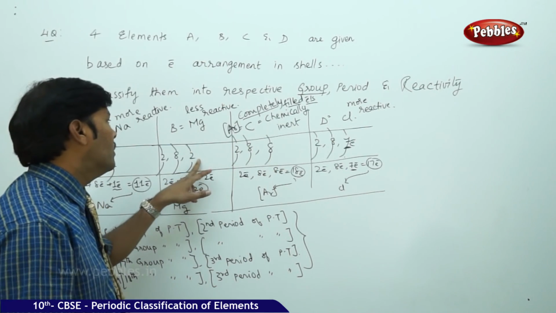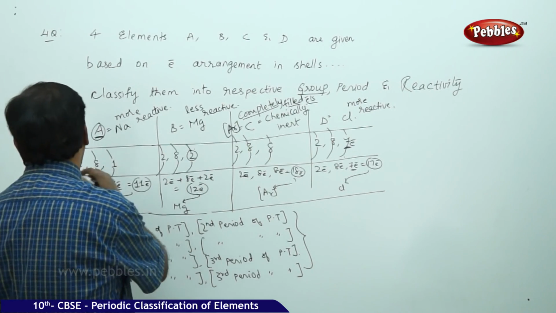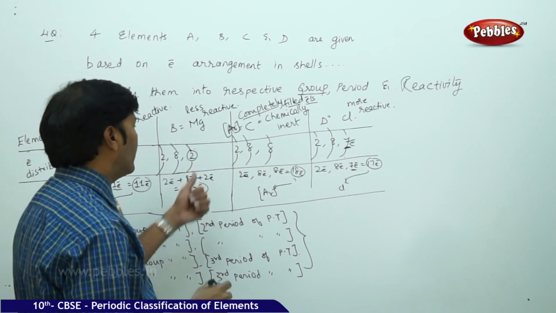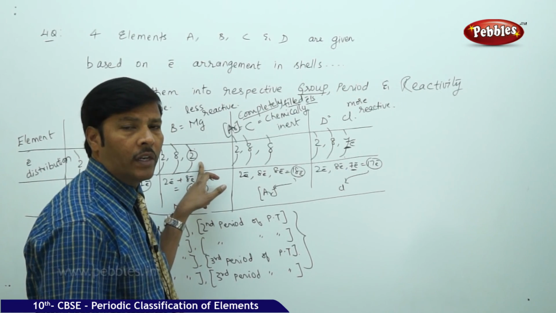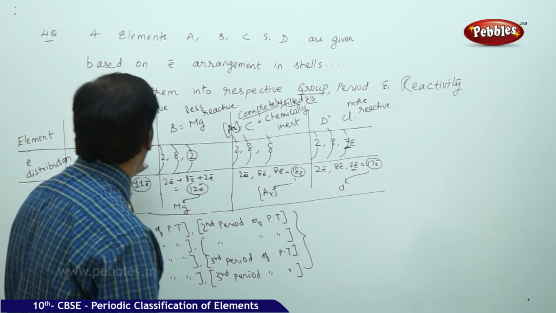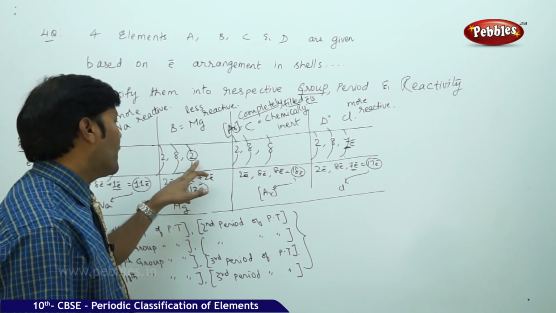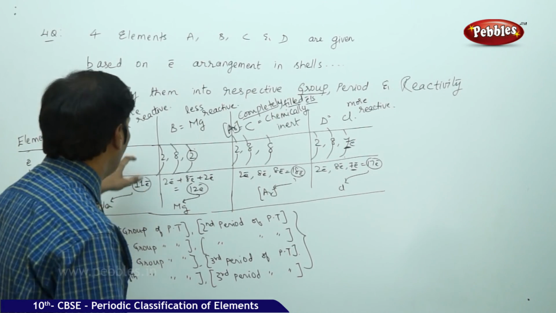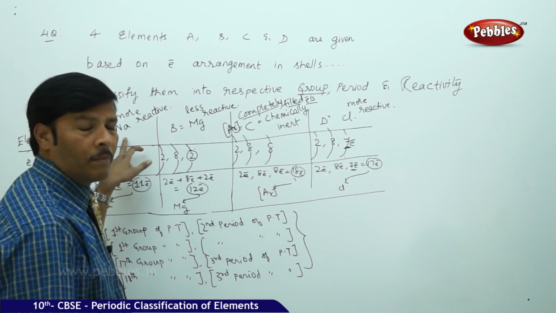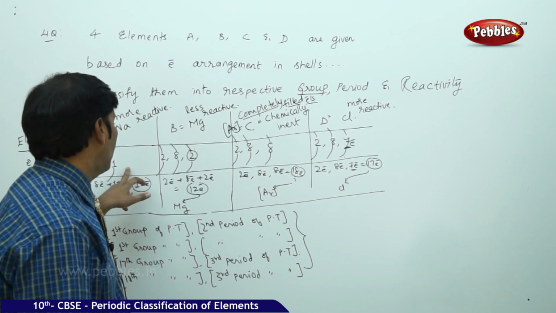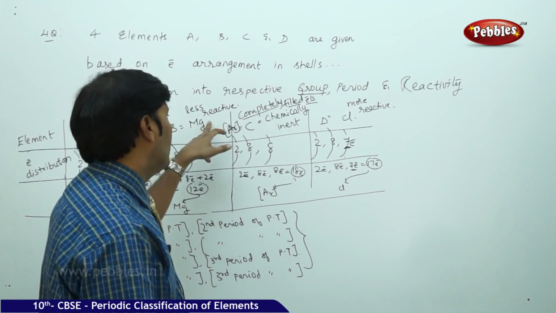If you take magnesium, it contains 2 electrons in the valency shell, still it is less reactive compared to sodium, because we need 2 times the ionization energy to remove the 2 electrons from the valency shell of magnesium, whereas in the case of sodium we need only 1 time of ionization energy to remove the valence electron. So the lesser the energy required to pull the electron from the element, the more its reactivity. The more the ionization energy, the less the reactivity.